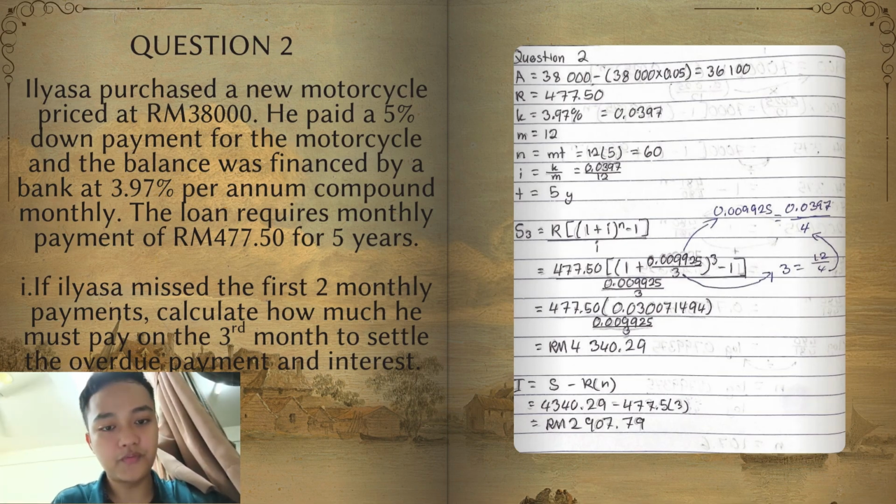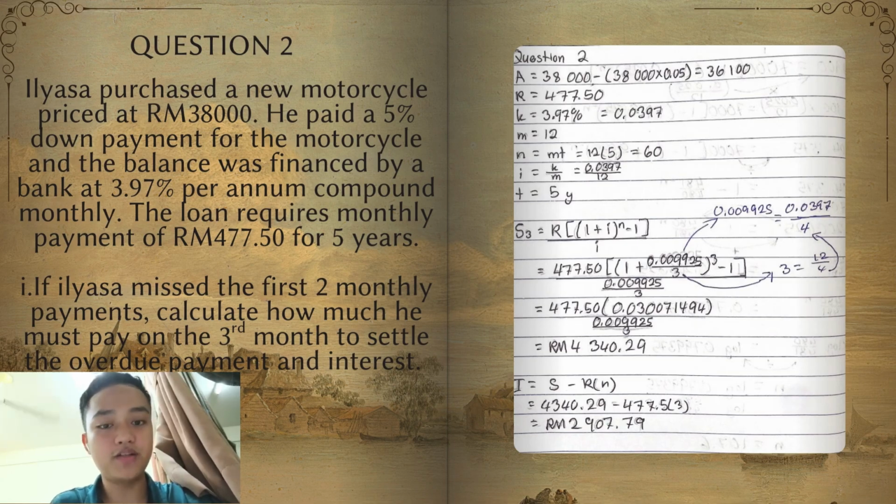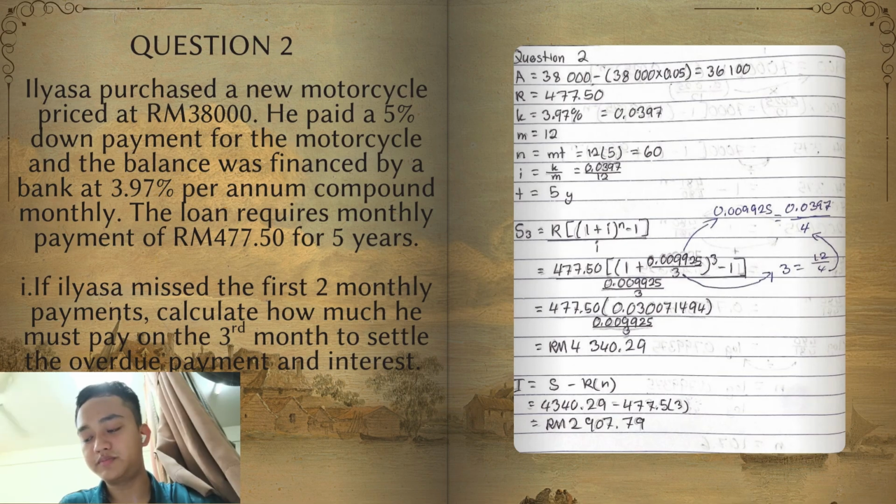So this question wants the future value on the 3rd month and interest. Firstly, I must extract the information from the statement. A equals 38,000 minus the down payment, which is 38,000 multiplied by 0.05, equal to 36,100.